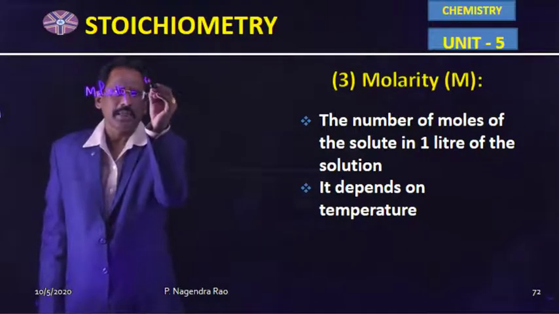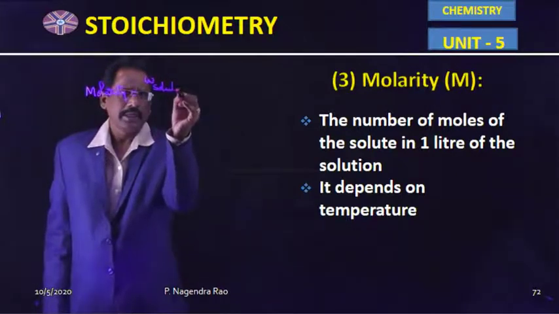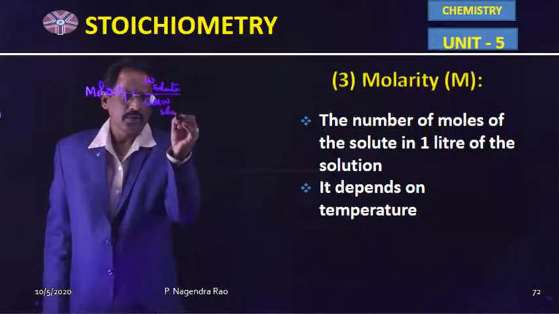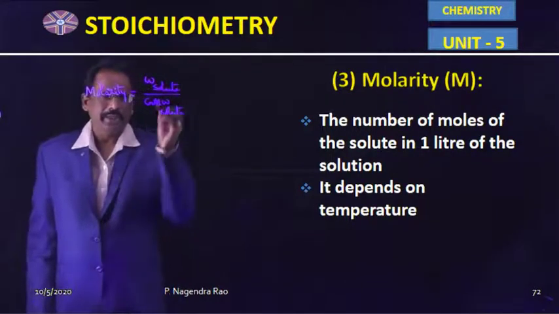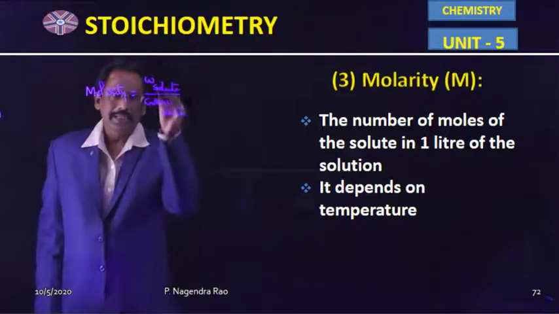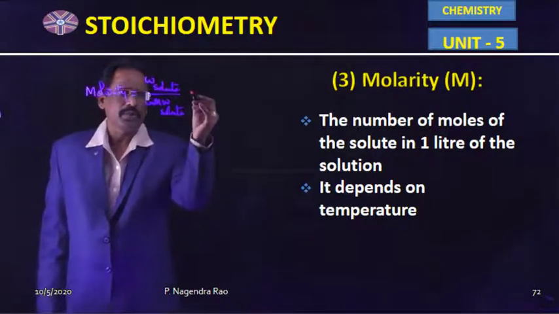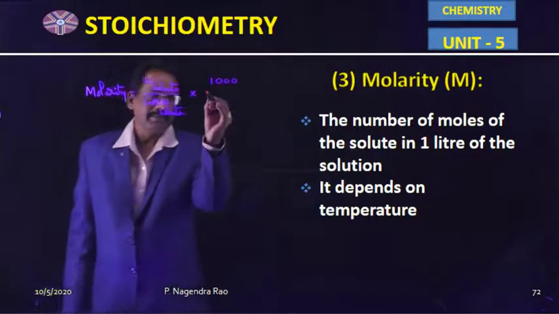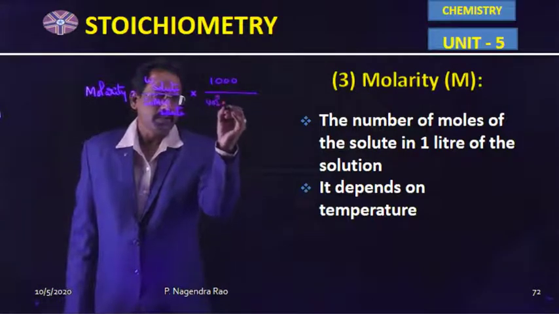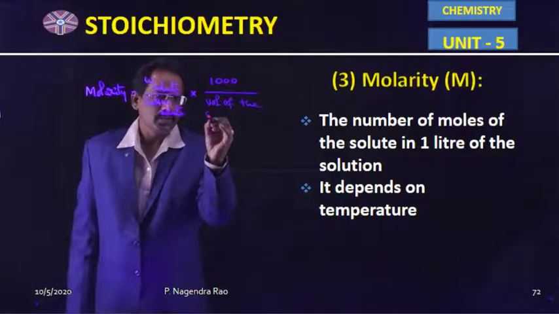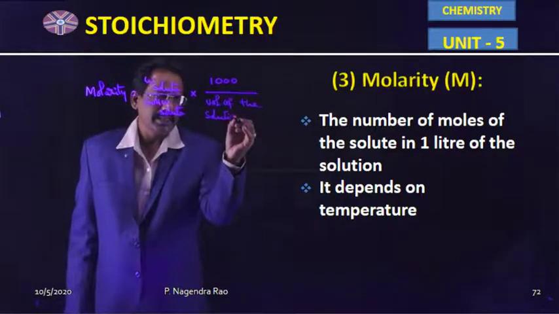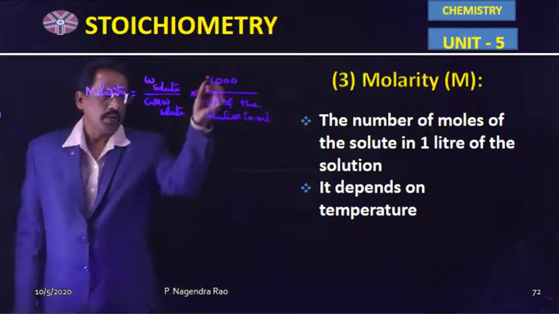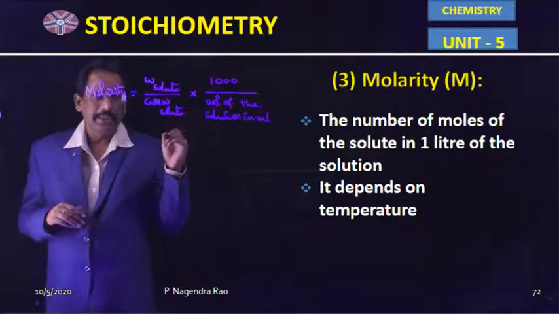The formula is weight of the solute divided by gram molecular weight of the solute, which gives the number of moles of the solute, into 1000, divided by volume of the solution in milliliters. Volume of the solution in milliliters, or 1 by volume of the solution in liter.